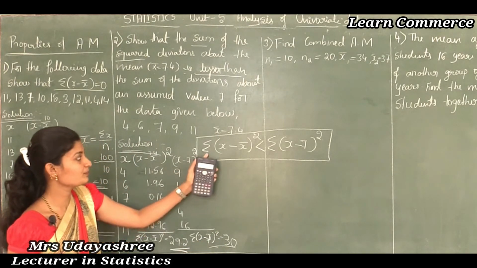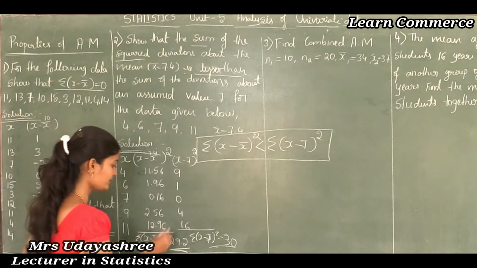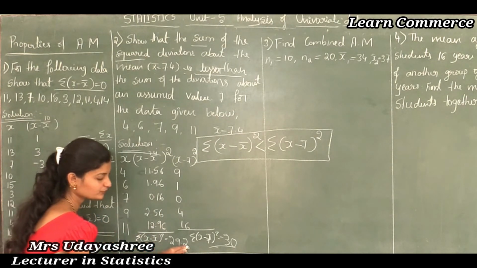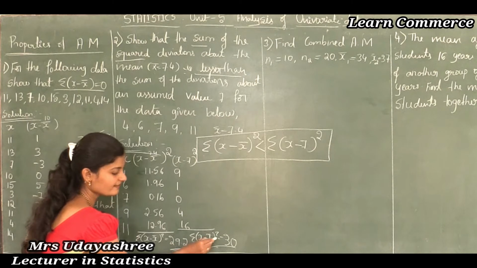So we proved this problem. We got the sum of (x minus x bar) squared as 29.2 and the sum of (x minus 7) squared as 30.